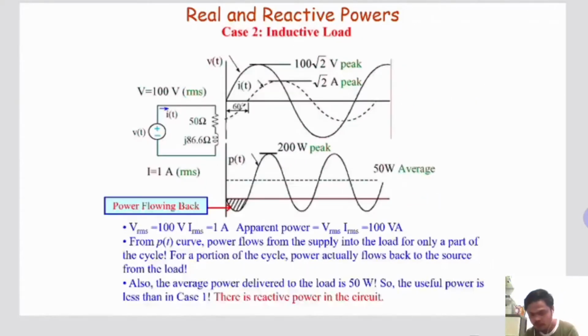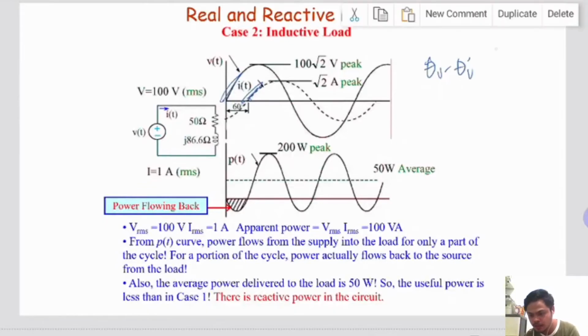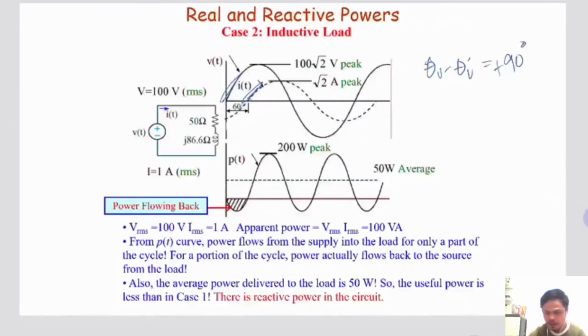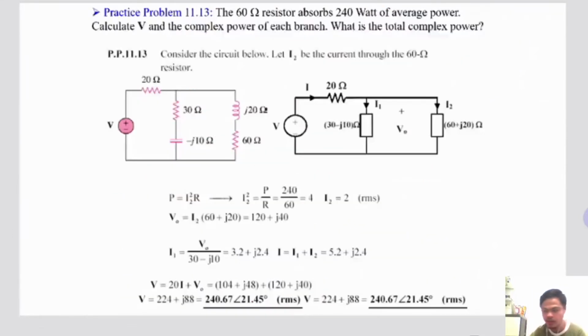For an inductive load, the voltage leads the current by a certain angle. It depends on the difference between theta V and theta I. For purely inductive, this is 90 degrees positive. For capacitive, you have minus. This difference is the power flowing back and forth in the system.